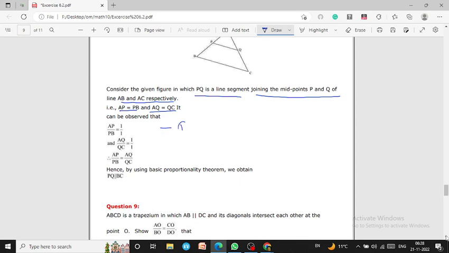From the first and second we get AP over PB equals AQ over QC. And by using the converse of the proportionality theorem we can say that PQ is parallel to BC. It's proved.